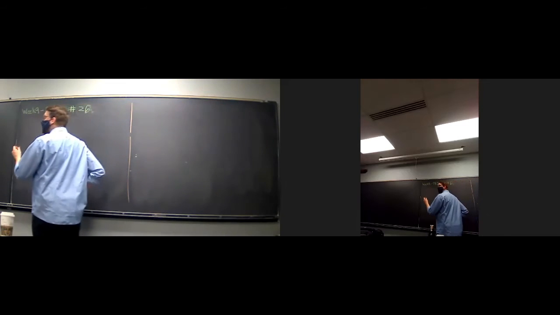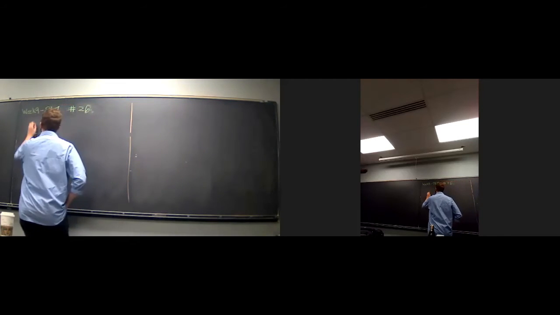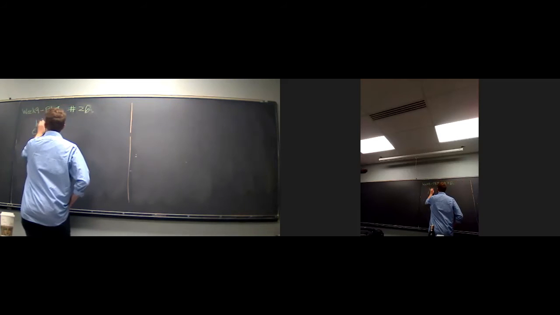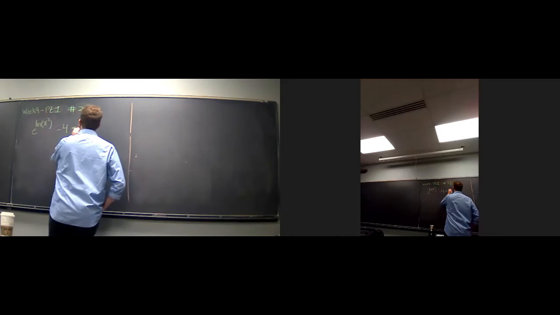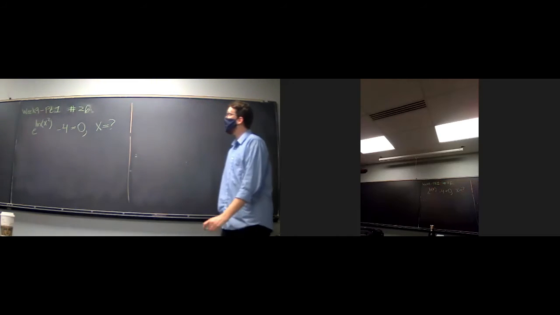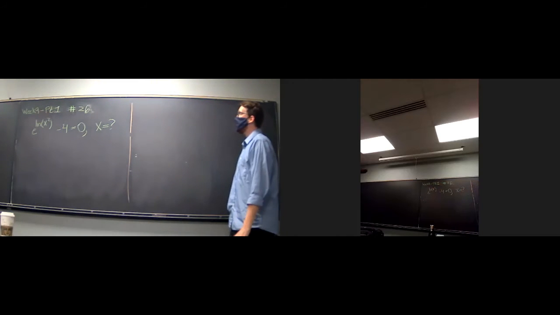All right, so for 26, we've got e to the ln of x squared, that quantity minus 4 is equal to 0. What's x? So the first thing I would do is take advantage of the logarithm power properties and add 4 to both sides.